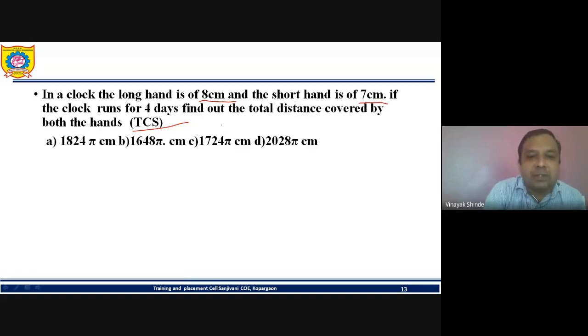If the clock runs 4 days, find out the total distance covered by both the hands. You know the short hand is nothing but the hour hand. What is the long hand? It is nothing but the minute hand. Okay, this is the minute hand and this is the short hand.